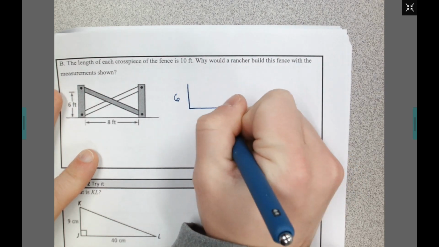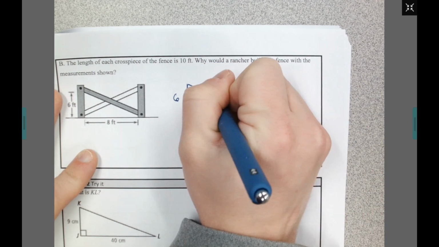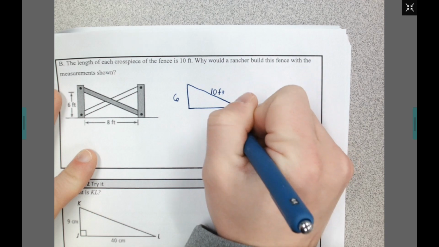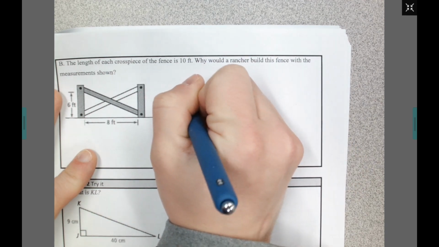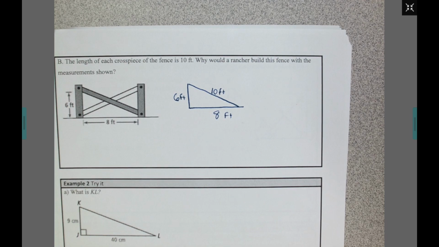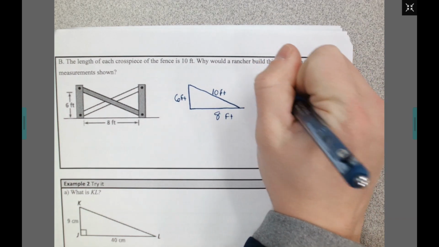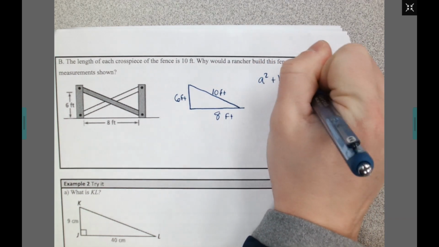So you have 6 feet, 8 feet, 10 feet. And really, for this example, I just want to prove that the triangle is right. The way you're going to prove the triangle is right is by using the Pythagorean theorem. So we go a squared plus b squared equals c squared.